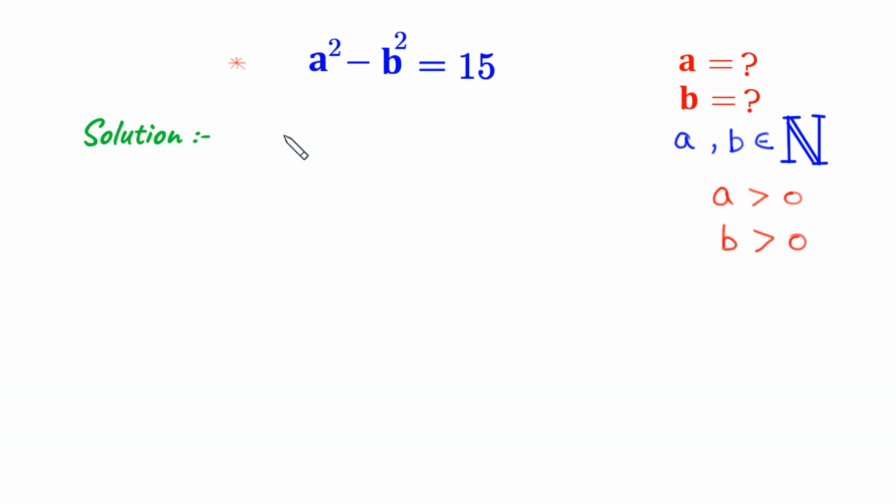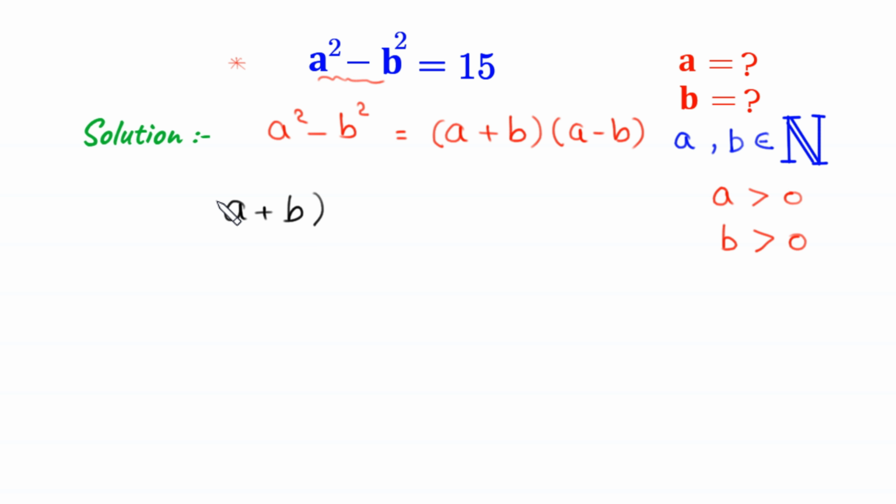Now by using this algebraic identity, a squared minus b squared is equal to a plus b times a minus b, this a squared minus b squared will become a plus b times a minus b is equal to 15.